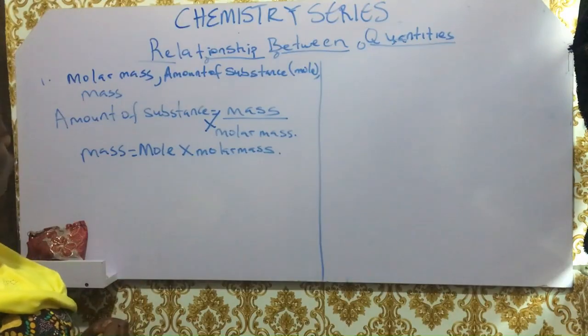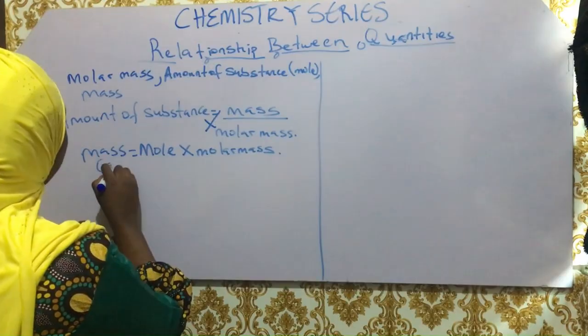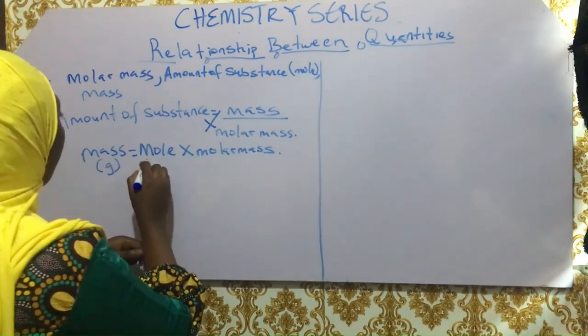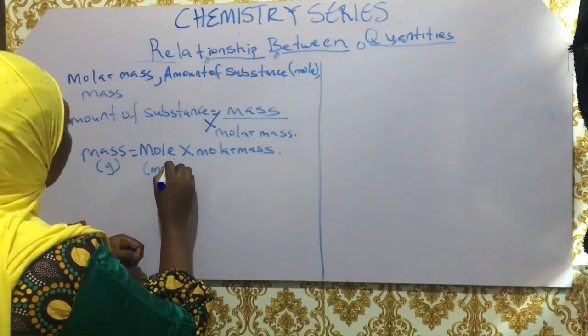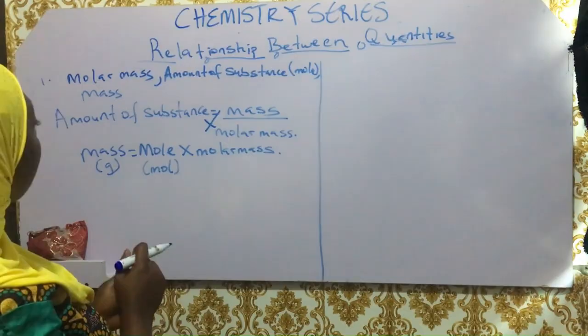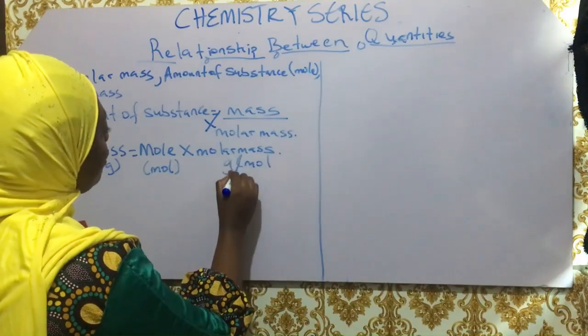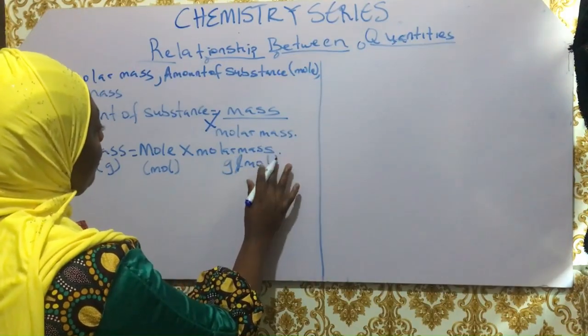Now, one more thing to note is that the mass is measured in gram and the mole is measured in mole, while molar mass is measured as gram per mole. We are going to see how these units are derived.